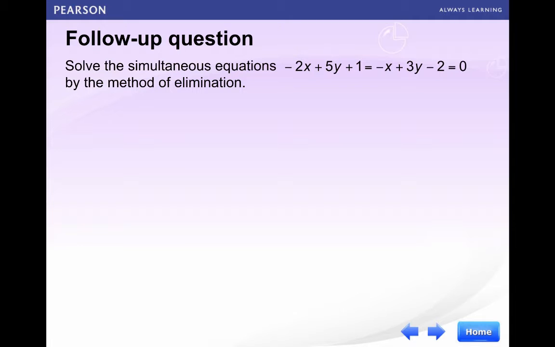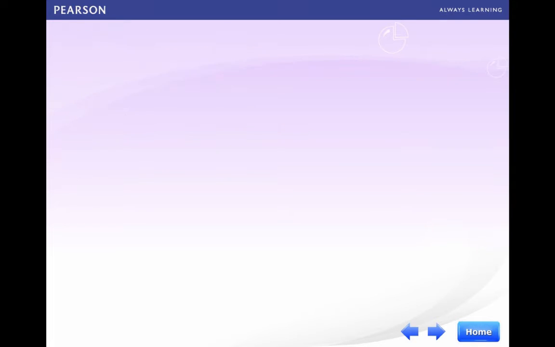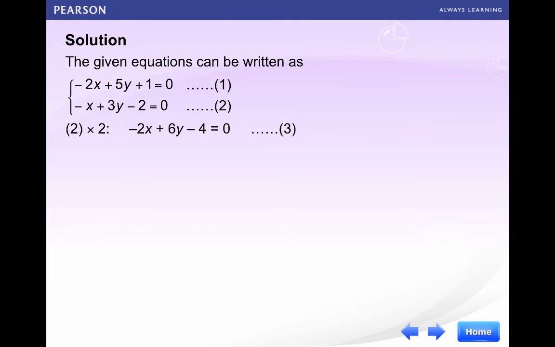How about this? We write it this way, and we multiply the second equation by 2. We get the third equation. The first equation and the third equation both have negative 2x. So we use subtraction: the third one minus the first one.